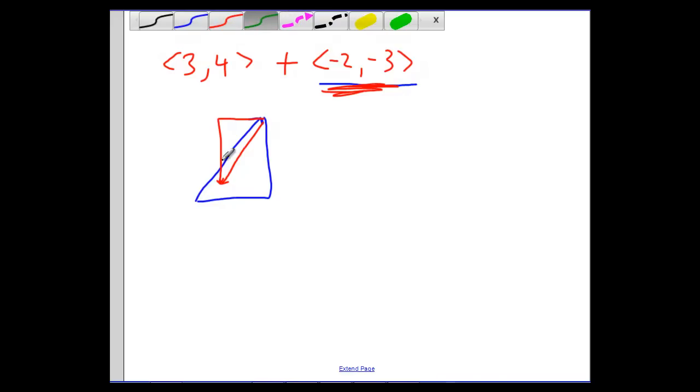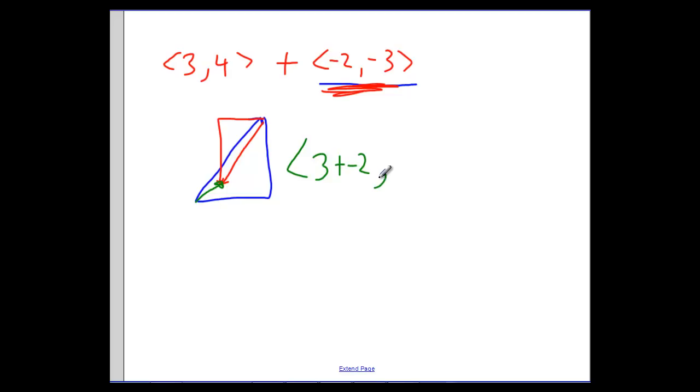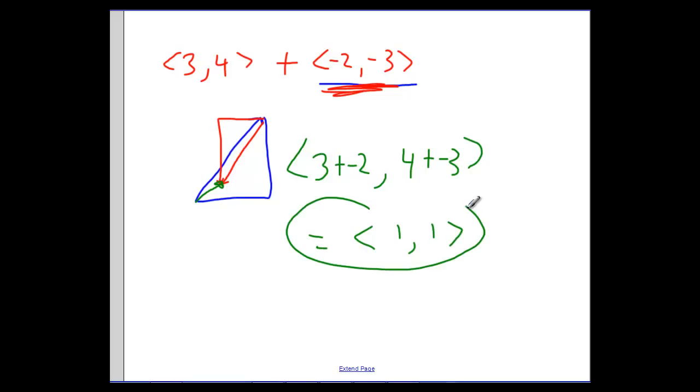It's the old end to the new tip, which is right here. And if we think about that addition, it's 3 plus negative 2, comma 4 plus negative 3, which is the vector 1, comma 1, which is what we have. 1 by 1.